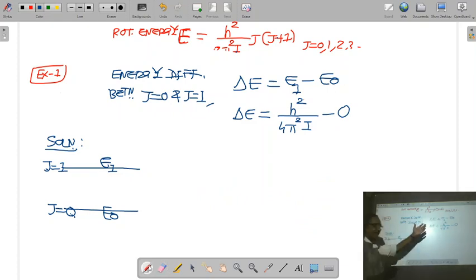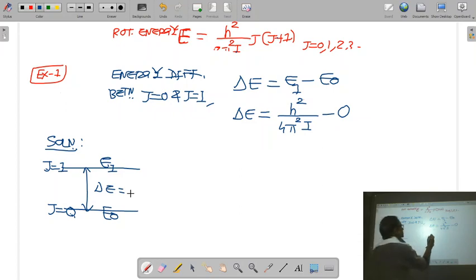Now if you substitute the values of h and I, you will get the energy difference between these two rotational levels. So let us calculate it.